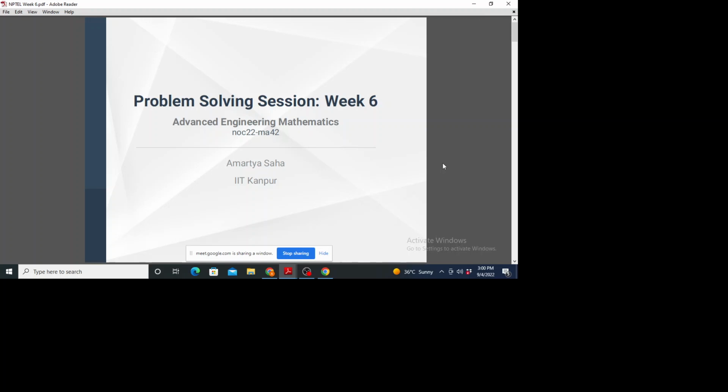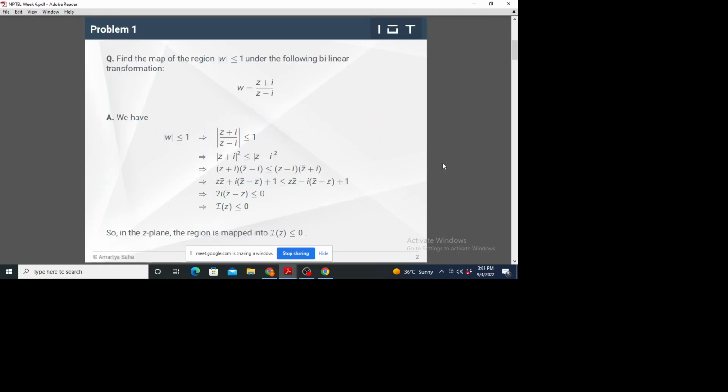The main concept for this session is to consider some conformal transformation of the form W equal to F(z), some meromorphic mapping, and look at how a region in the Z plane will transform in the W plane under that holomorphic mapping.